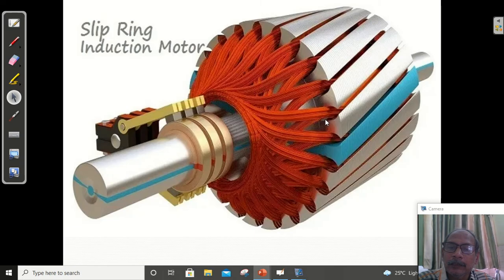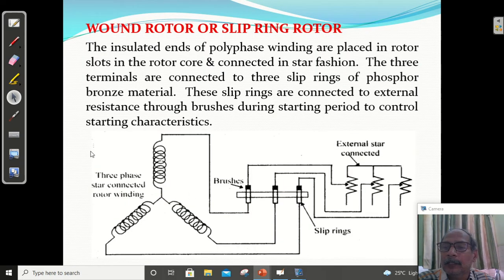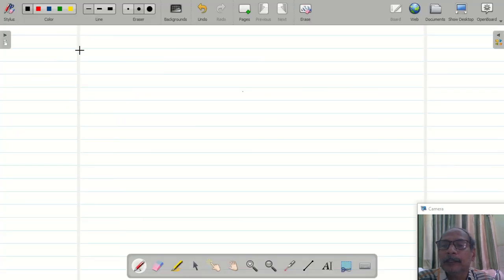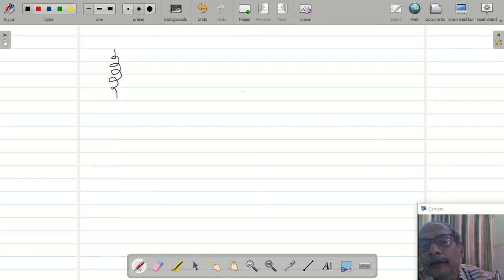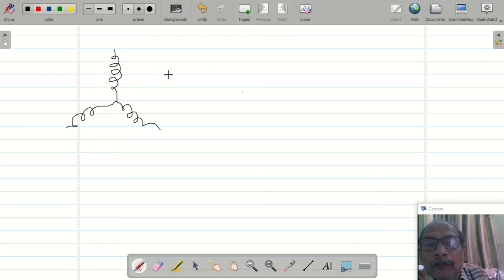So I want to discuss this part again, so I'm going to use a separate sheet. See here, the winding in case of slip ring induction motor will be star connected. This is the shaft.